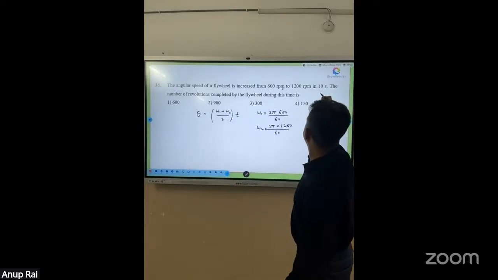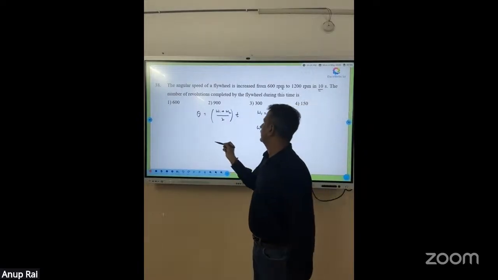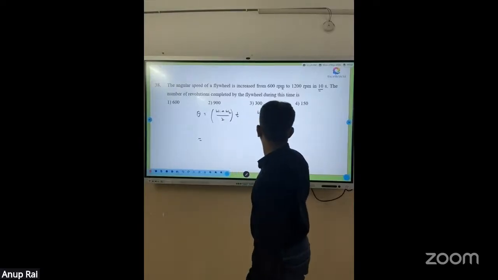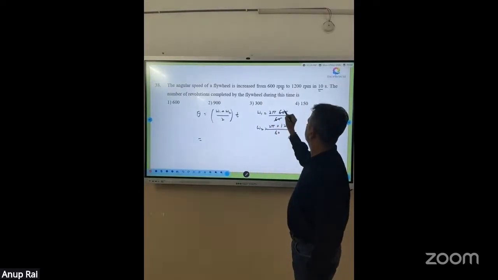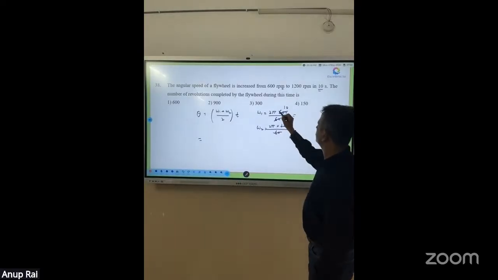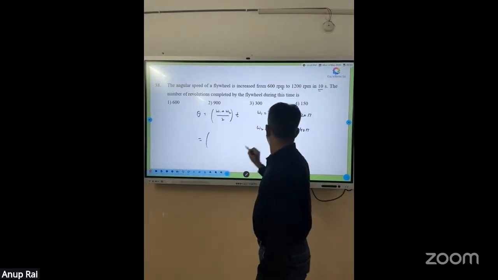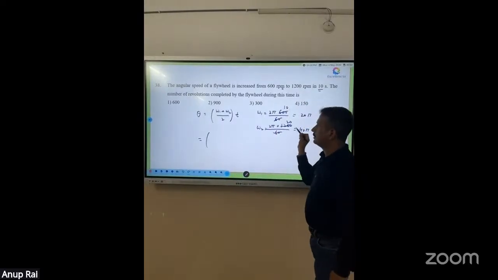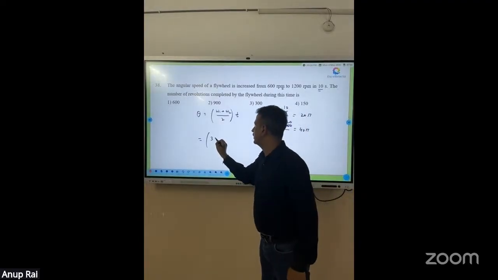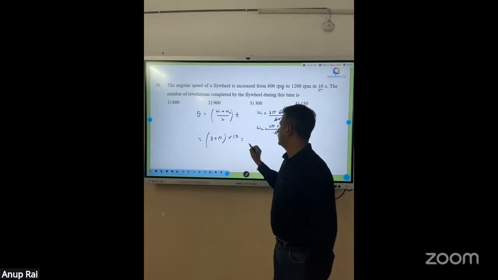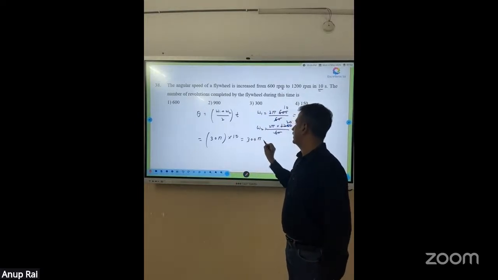Time is given to be 10 seconds. We can put all these values to get theta. Right? So this is going to be 20 pi, and this is going to be 40 pi. So here 20 plus 40, 60 divided by 2, which is 30. Time is 10, so it is going to be 300 pi radian.